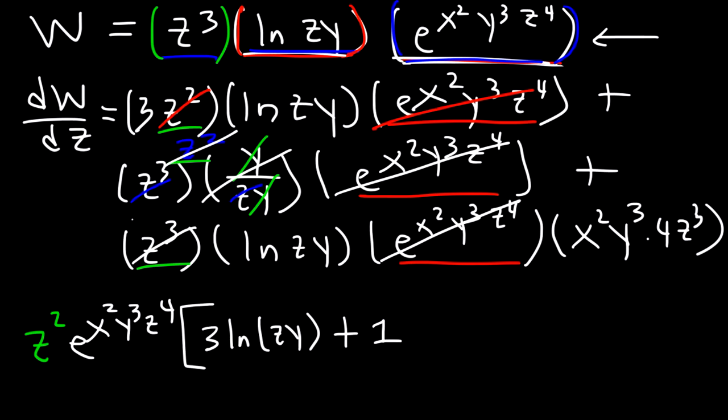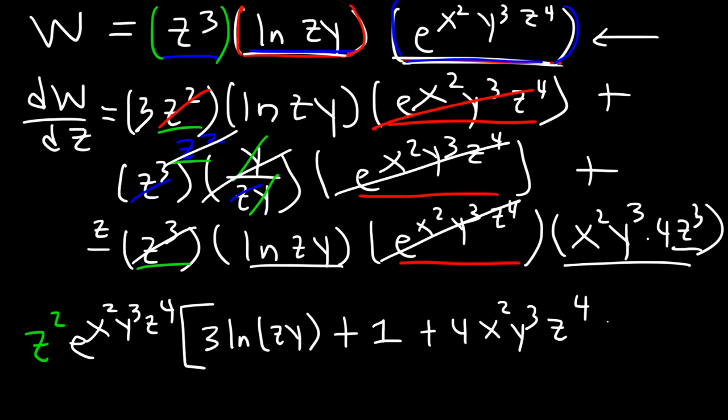We took out z squared, so we're left with z. And we have ln zy and everything here. So it's going to be 4 x squared y cubed, and then z to the third times z. That's going to be z to the fourth, and then ln zy. So we can write the final answer like that if we want to.